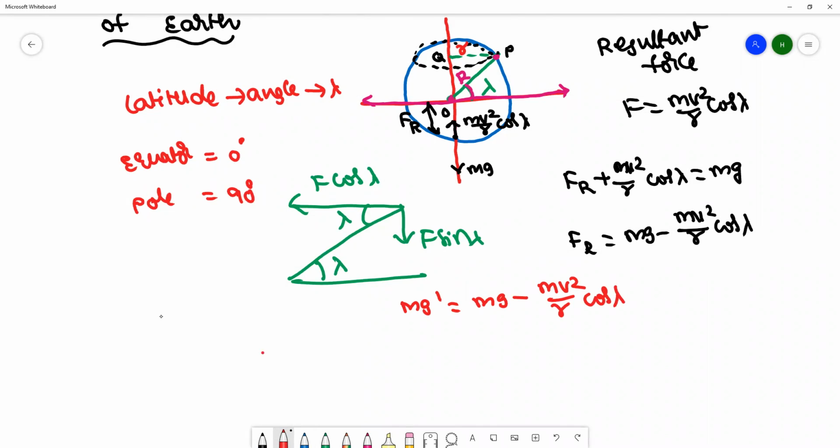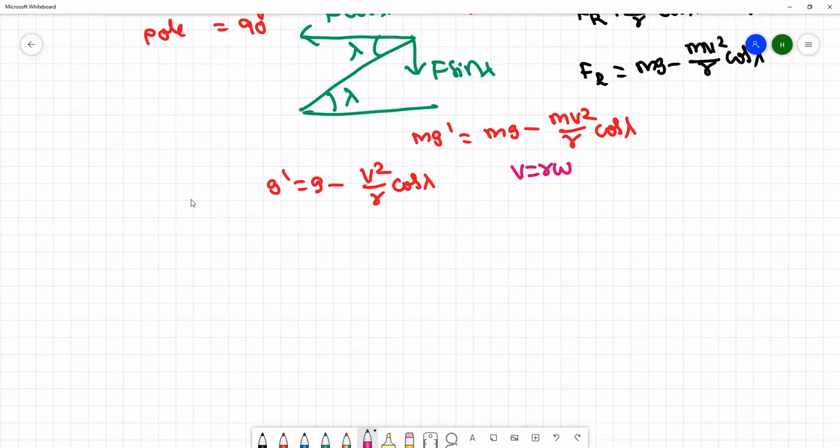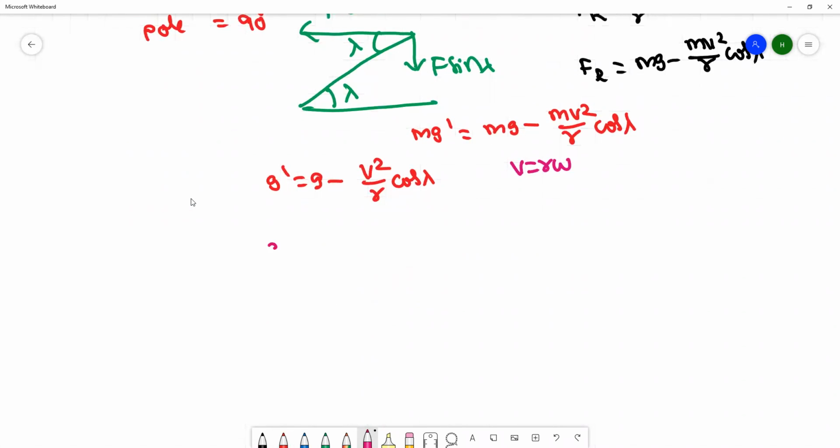Then m gets cancelled, and g dash is equal to g minus v square by r cos lambda. When it is rotating, v is equal to r omega, so g dash is equal to g minus r square omega square cos lambda divided by r.